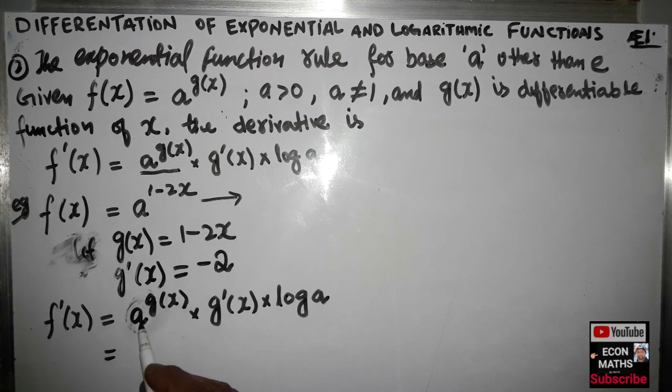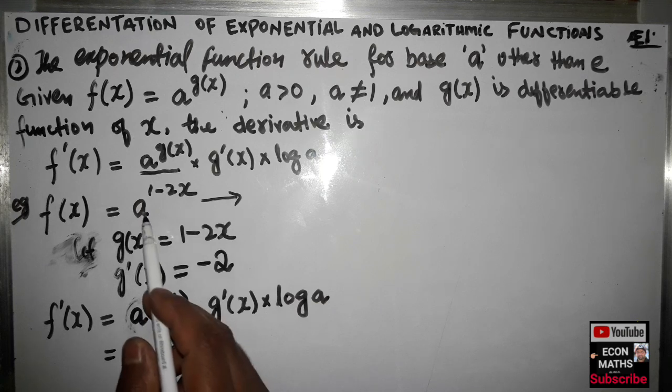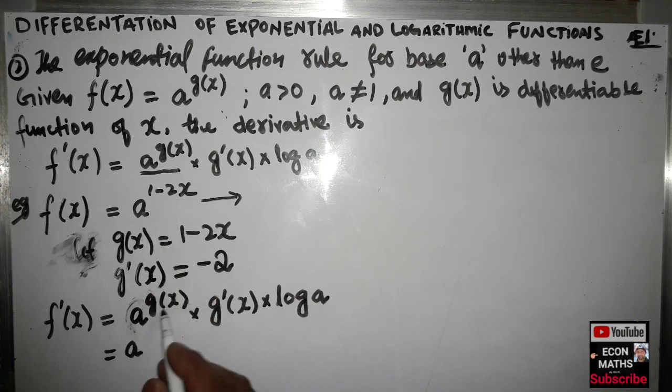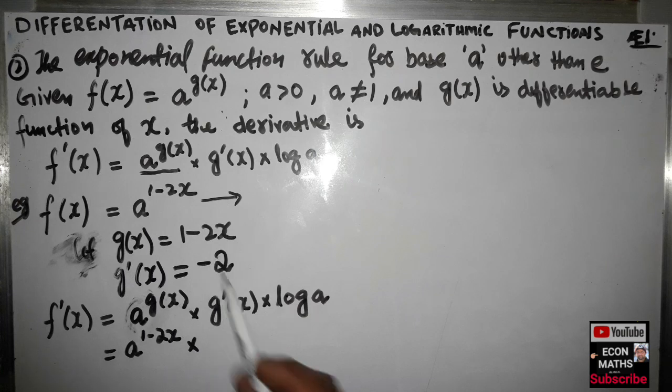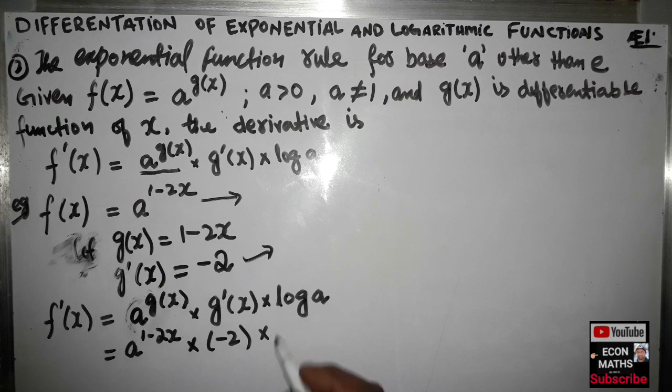Here it is a to the power g of x, where g of x is 1 minus 2x, times the derivative of this exponent which we got here, that is minus 2, times log of a.